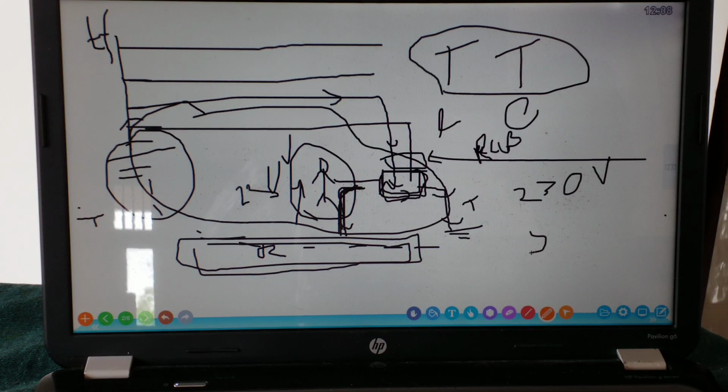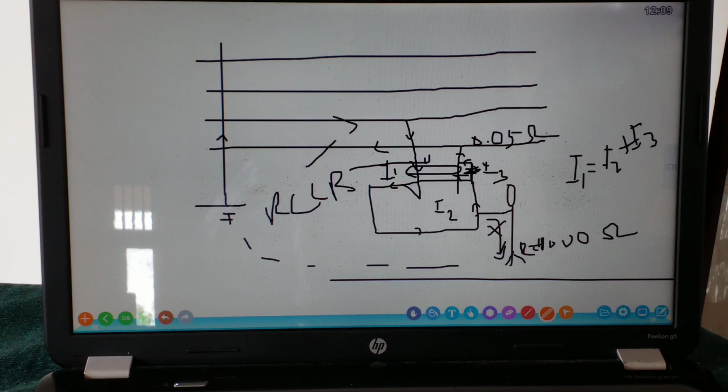So we restrict the touch voltage to 50 volts. We do not let this voltage rise exceed 50 volts. How do we do it? Using calculations.